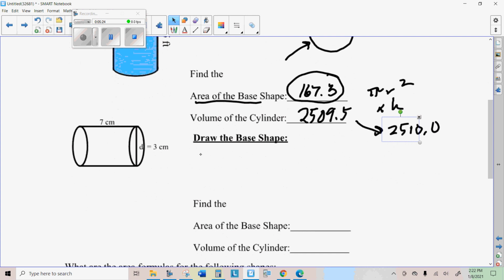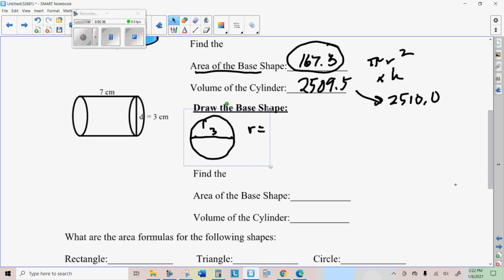Draw the base shape. Circle. What you have this time is a diameter. Remember that you need the radius to find the area of the base shape, which is half the diameter. Go ahead and try it. So you might not have gotten exactly the same answer I did on the volume, just so you know how I'm doing this. And I just find this easier. I'm a little bit lazy.